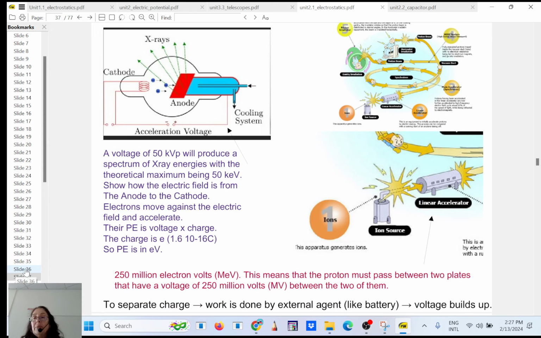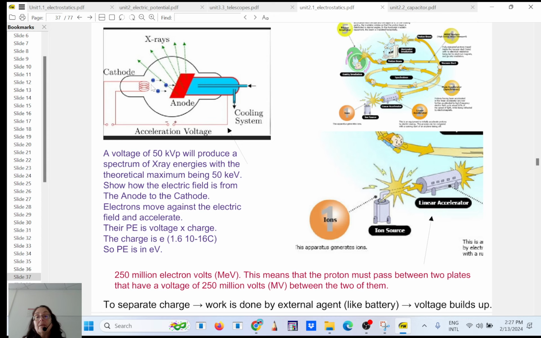Okay, so a lot of application. An electric field pulls on a charge to make it go faster, the same way that weight wants to bring something down and it's going to accelerate. So how do we produce X-ray? For example, you have a vacuum tube here.